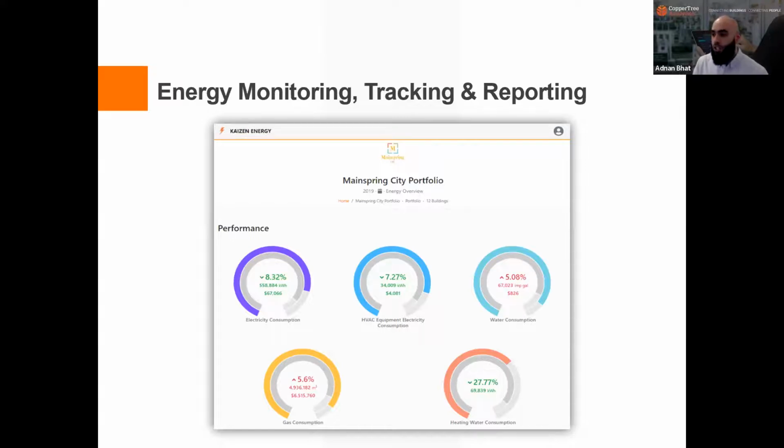So, for example, in this particular case, you see there's a main electricity consumption meter. There is a more targeted HVAC equipment electricity consumption meter displayed separately, and then you have water consumption, gas consumption, and heating water consumption meters displayed on the dashboard.